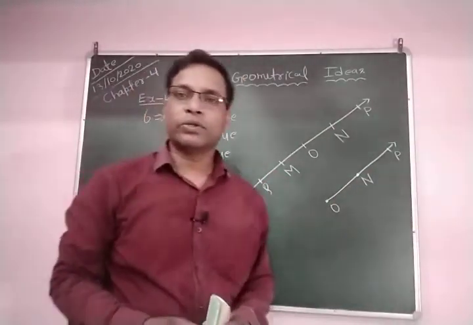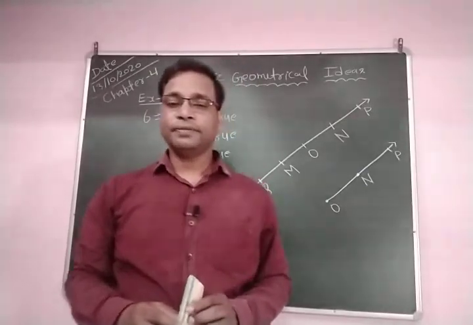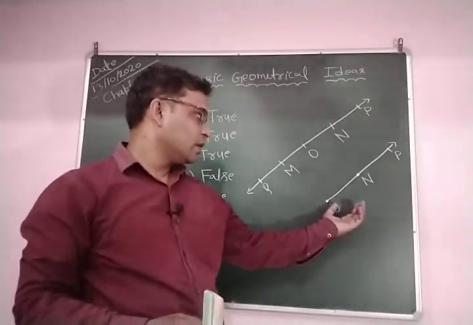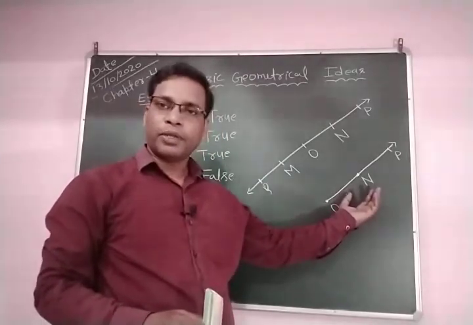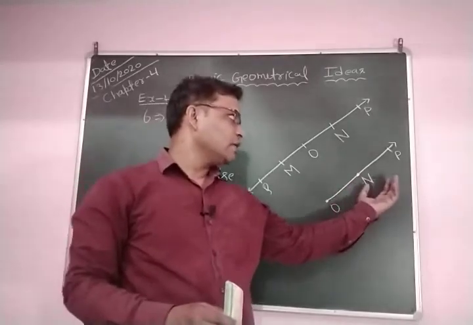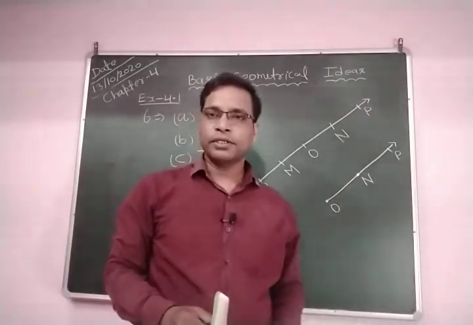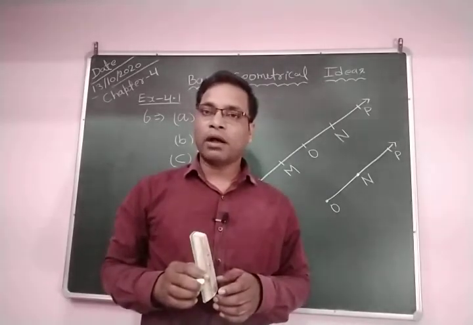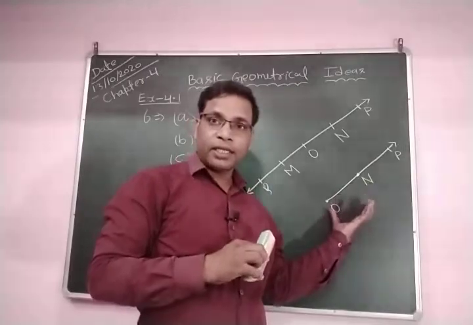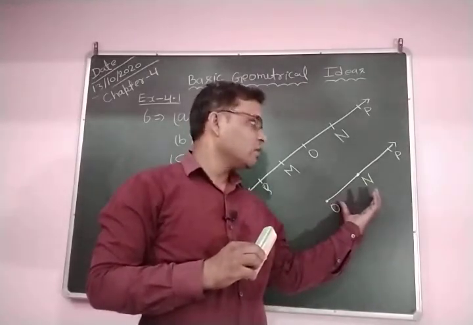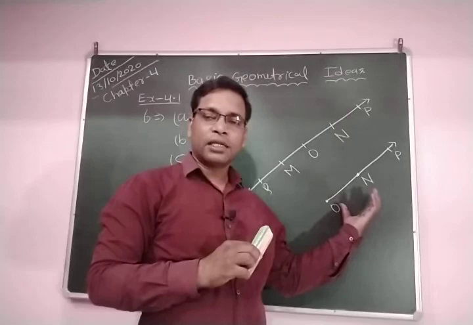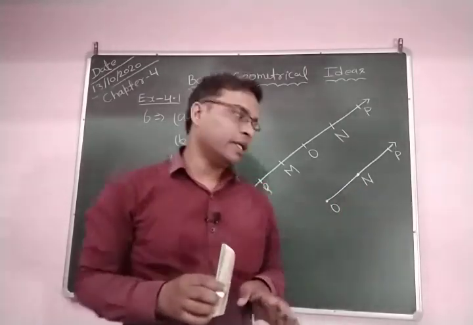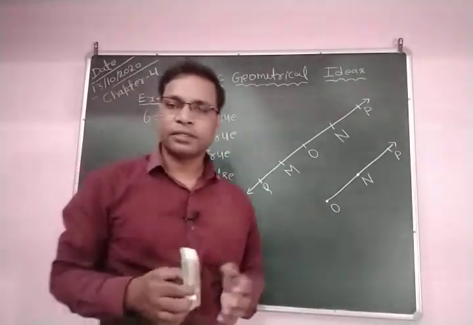But our question told us that M is a point on ray OP. But here you can see M is not any point on ray OP. Only N is a point on ray OP. But the given statement is that M is a point on ray OP. We draw ray OP and we find that M is not a point on ray OP, but N is a point on ray OP. It means that the given statement is what?